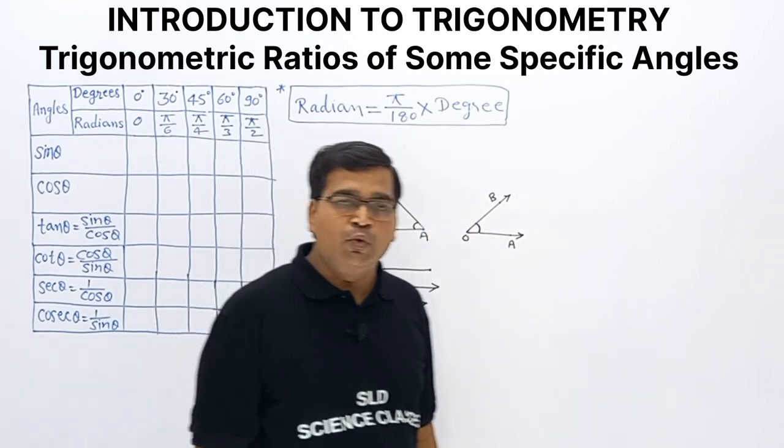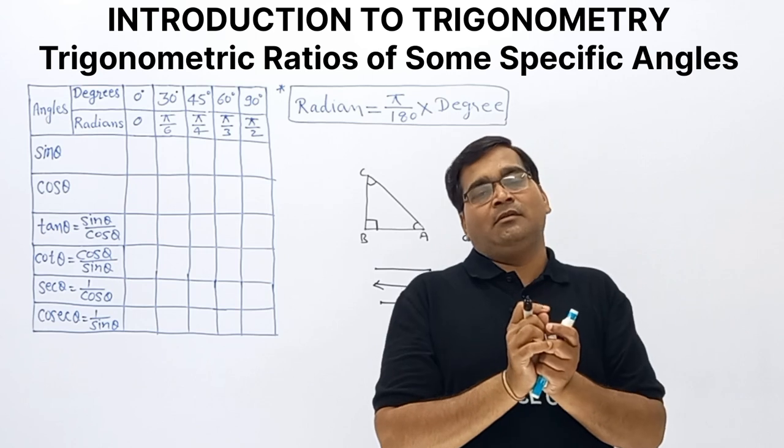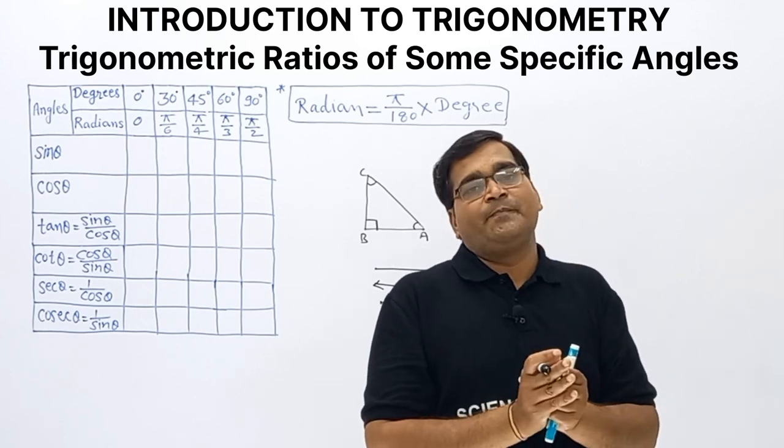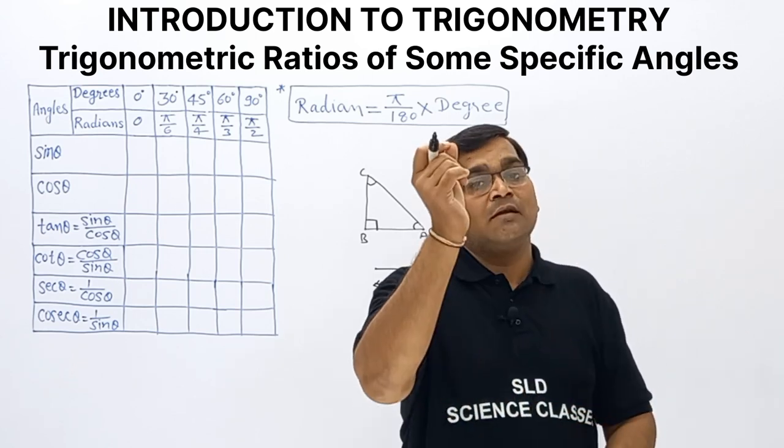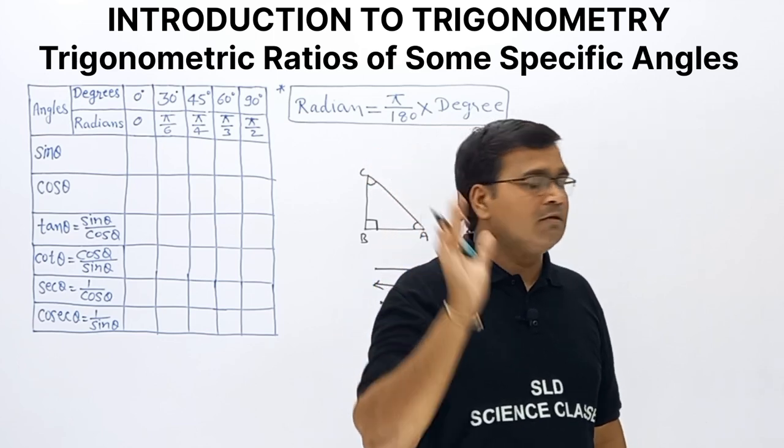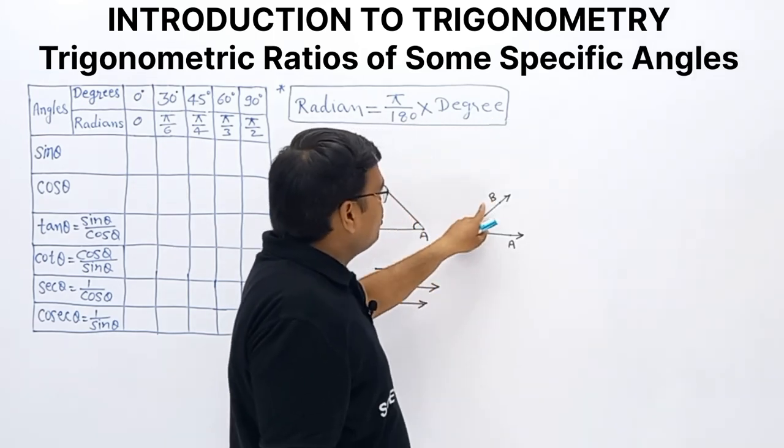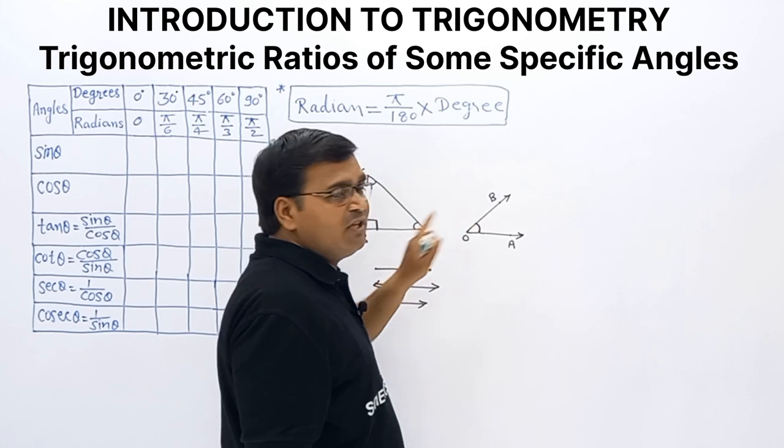An angle. Two rays whose endpoints meet make an angle. Clear? So once two rays are there, then the angle will be this one.